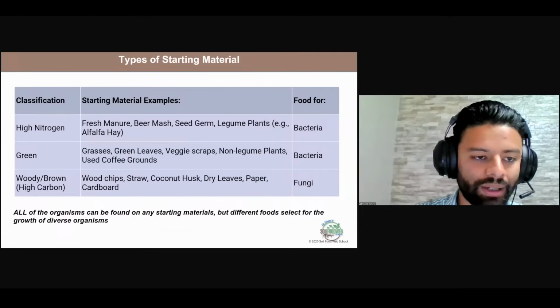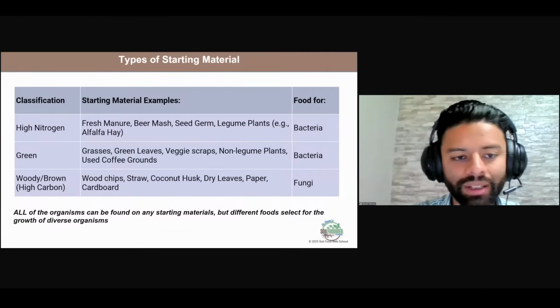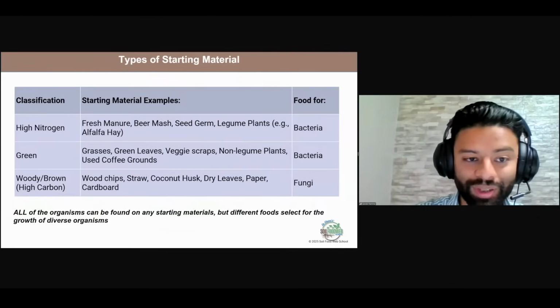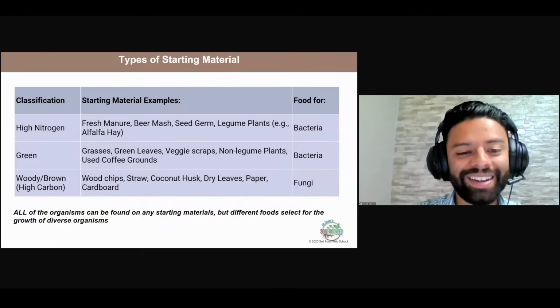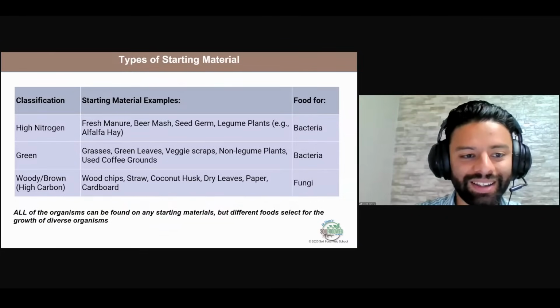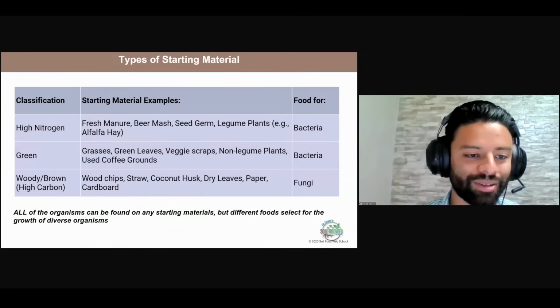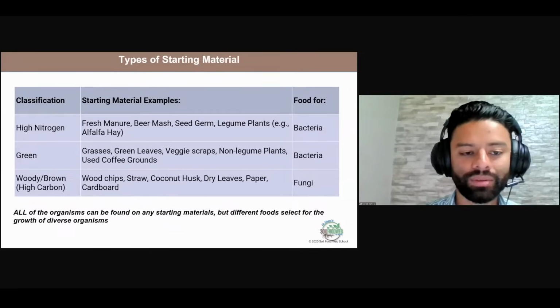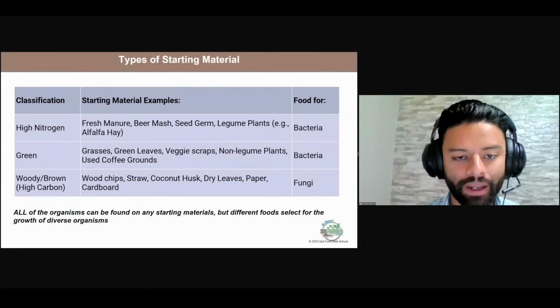Then we have examples of green materials. These have, for example, the grasses, the green leaves, veggie scraps, which are really fun to work with, non-legume plants, used coffee grounds. And then we have the high carbon materials such as wood chips, straw, coconut husk, dry leaves, paper, cardboard.